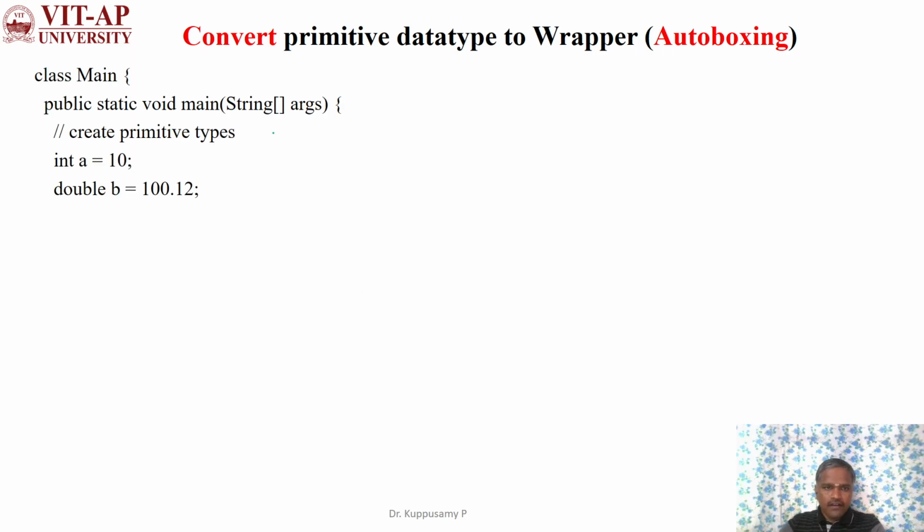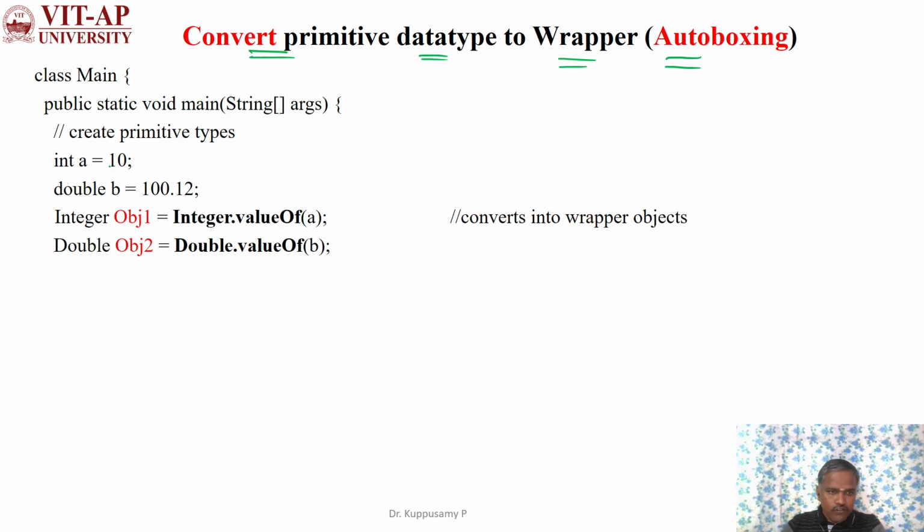And this is an example of converting a primitive data type into a wrapper automatically, which is called autoboxing. Here we are giving an integer primitive data type as input, and a primitive double value, 100.12. We pass the value to Integer.valueOf, converting it into an object using the wrapper class.